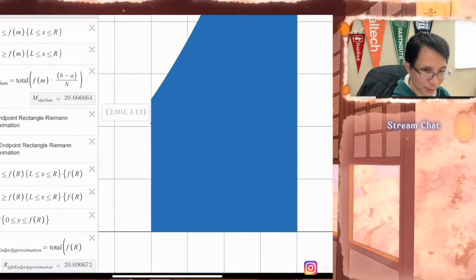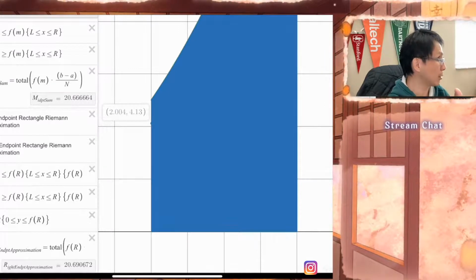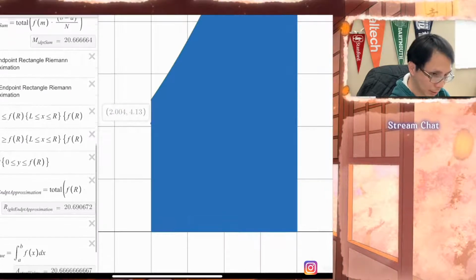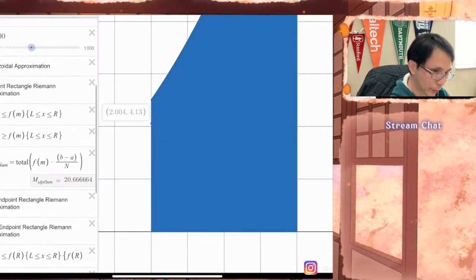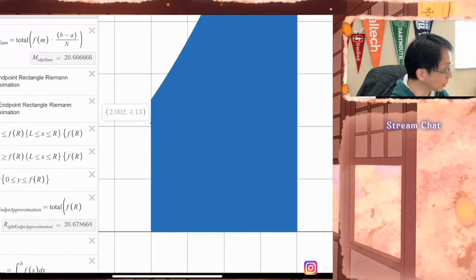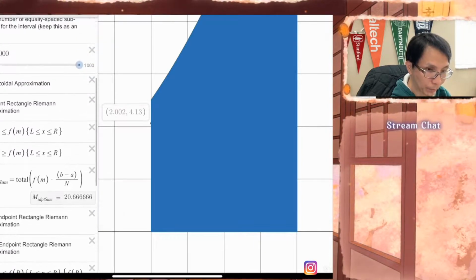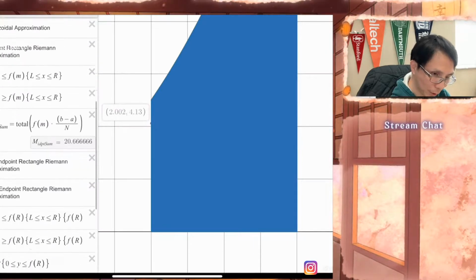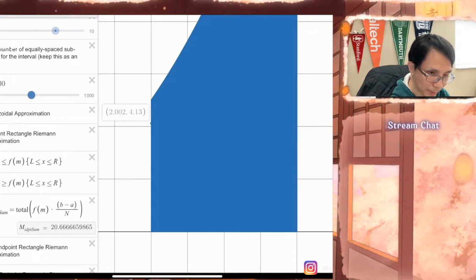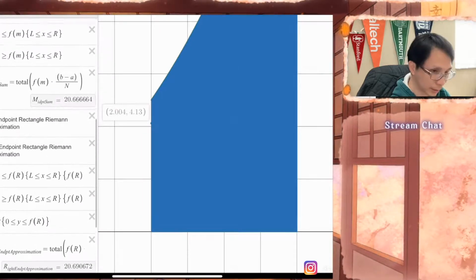So this is 20.666664. If you think about it, 500 midpoints is better than 1,000 for the right end, because the right end is 20.69. If you break into 1,000, you see the right end is 20.678, and midpoint is almost exact, right? But if you break into 500 pieces, comparing 20.678 to 500 midpoints, it's already more accurate.